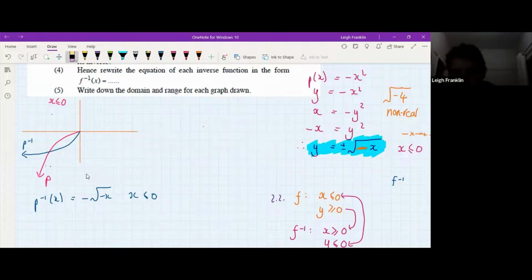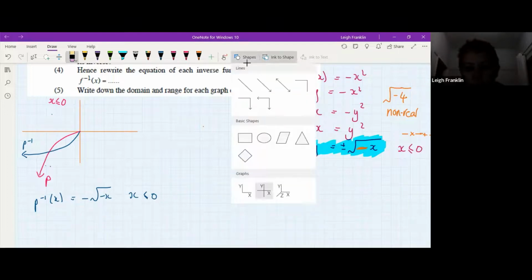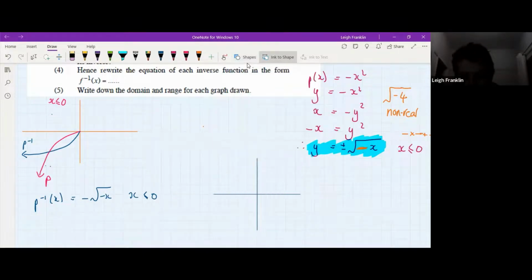Okay, and now we can sketch the other one as well. Let's put that over there. All right, so now remember, we're going to restrict the other arm of the parabola.